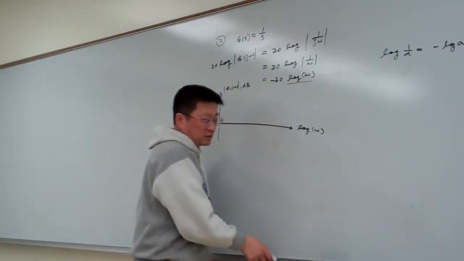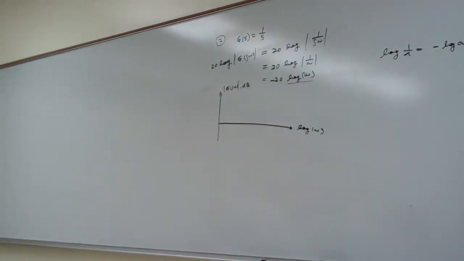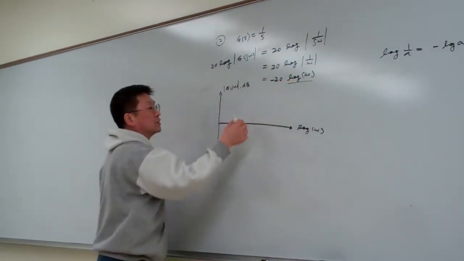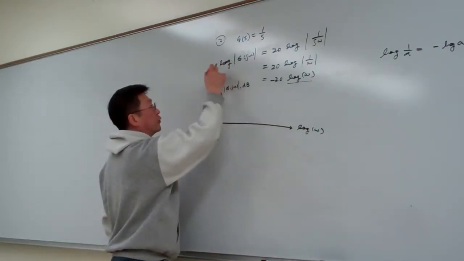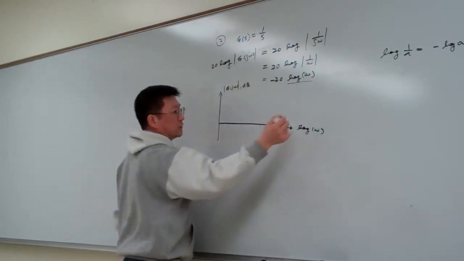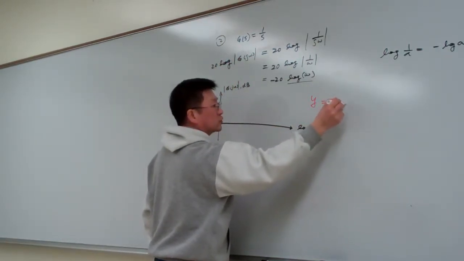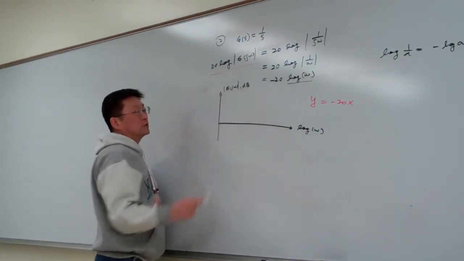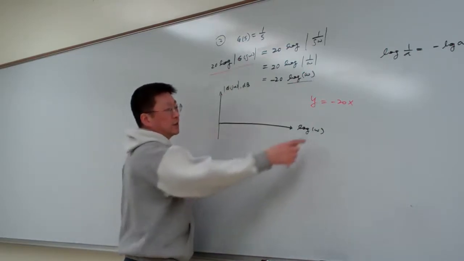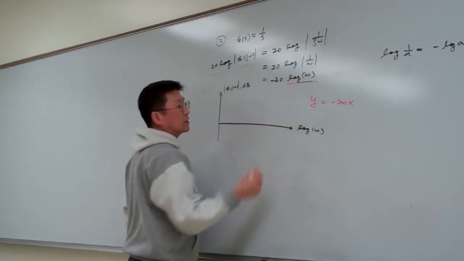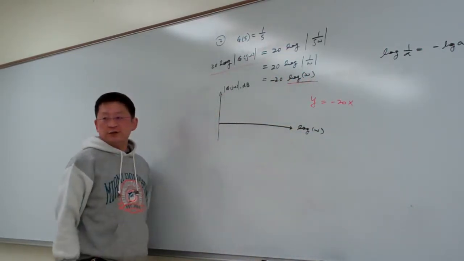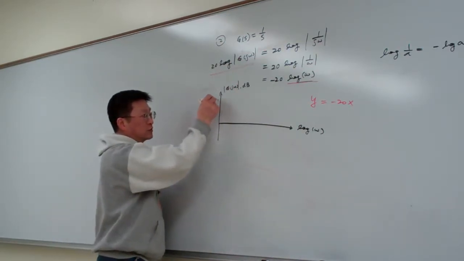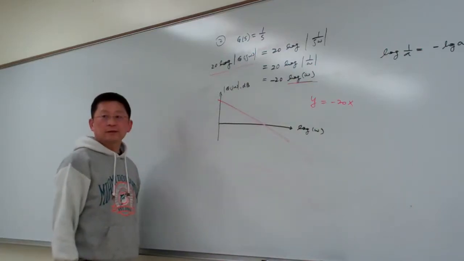The form follows the template y equals minus 20x, where y describes the magnitude in decibel unit and x is this one. So that is a linear straight line with a negative slope. So you simply draw it.